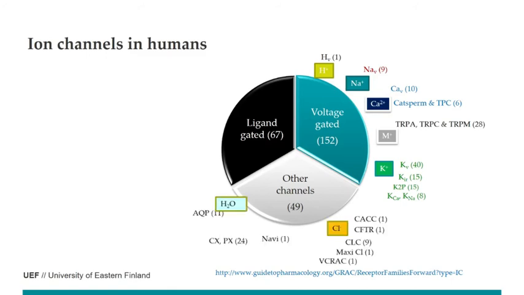Then we have other channels: channels for water, so these aquaporins, and channels for chloride. And then we have channels that are ligand-gated. They can be receptors of neurotransmitters, but they can also be other kinds of ligands that affect whether the channel will be opened or closed.